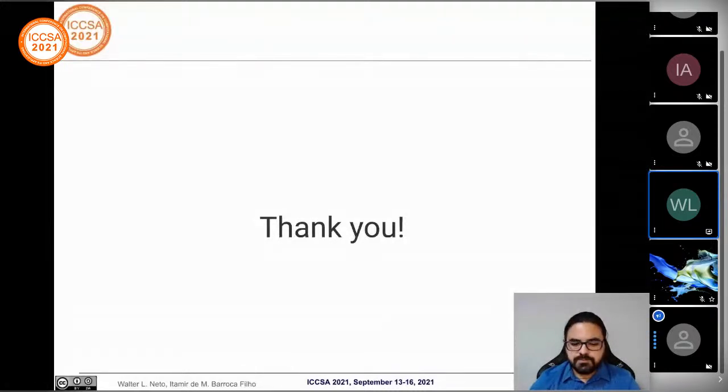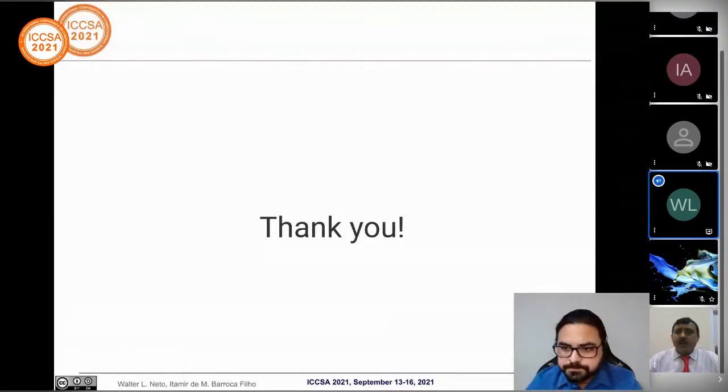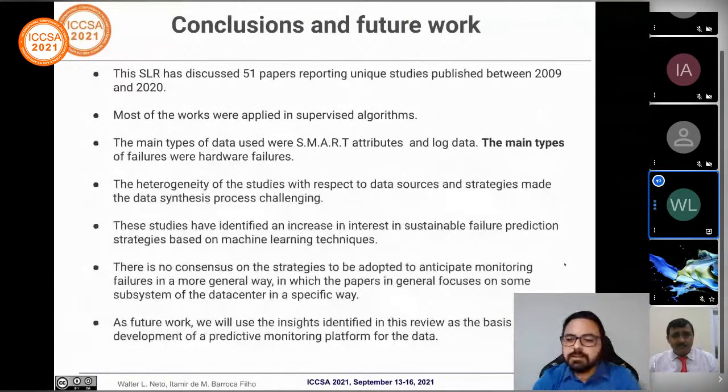Yes, what are your major findings? Sorry? What are your major findings? The main findings are about the main challenges targeted by the researchers, and the main types of failures. We also notice the main algorithms applied for each type of failure and each type of challenge.